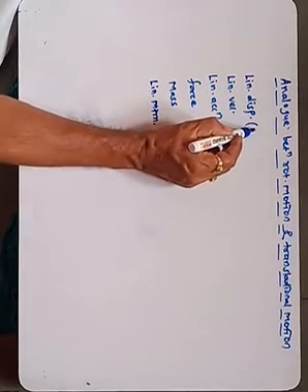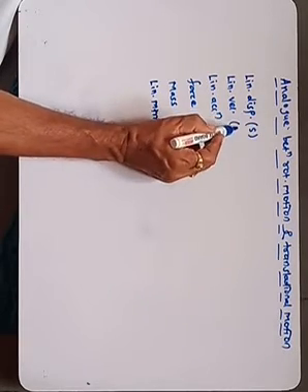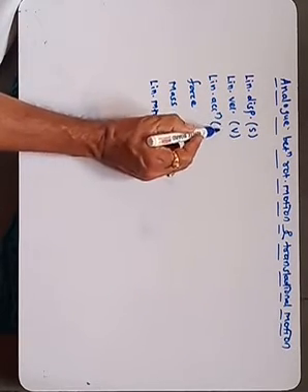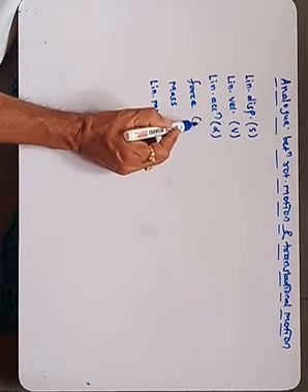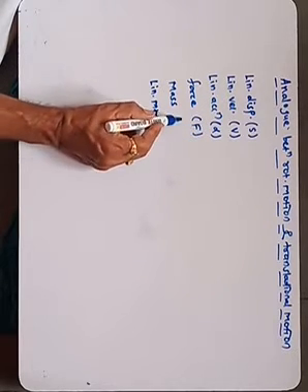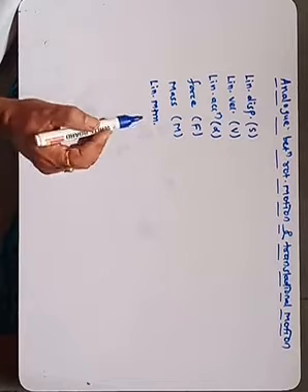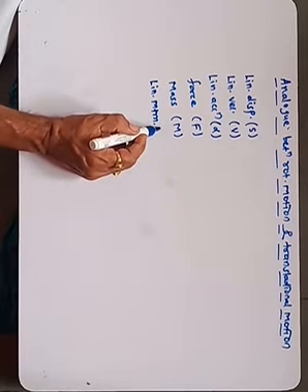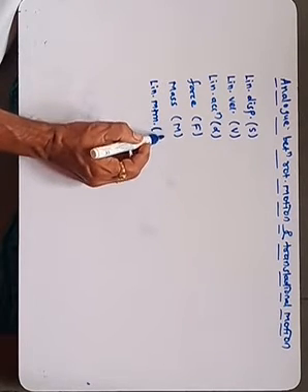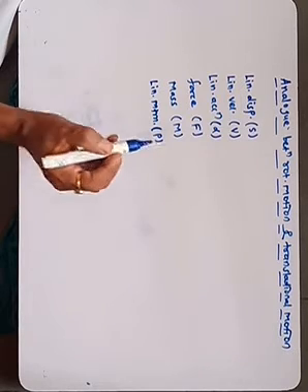Suppose linear displacement is shown by S, linear velocity by V, linear acceleration by alpha, force by capital F, mass by small m or capital M, and linear momentum we consider P.